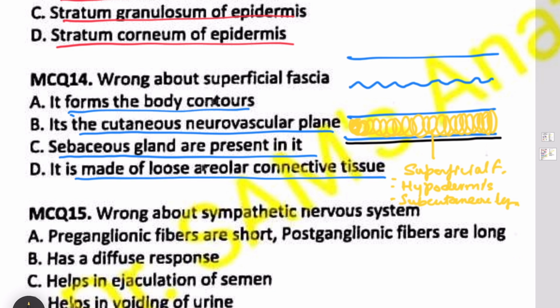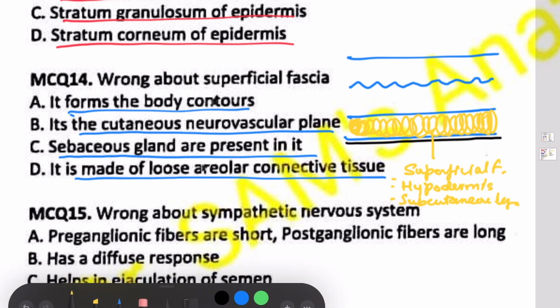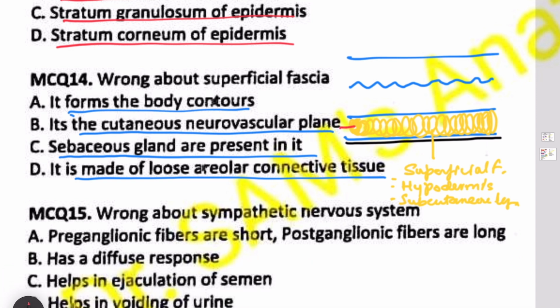The important feature of the superficial fascia or hypodermis is that it has neurovascular planes. The nerves and vessels run from here, supplying hair follicles, sebaceous glands, sweat glands, and even the stratum basale.